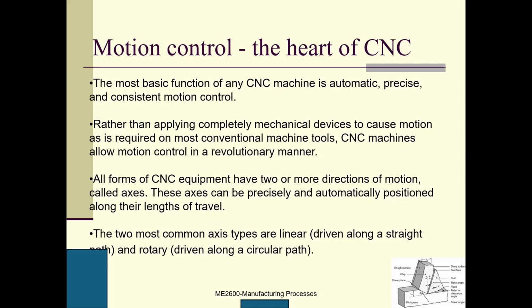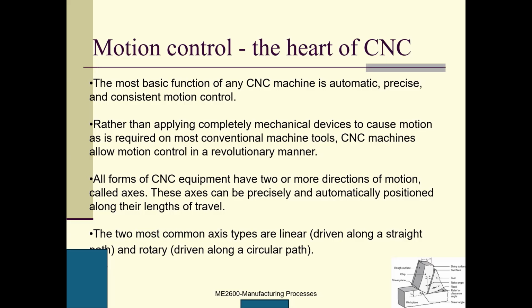Rather than applying completely mechanical devices to cause motion, as on most conventional machine tools, CNC machines allow motion control in a revolutionary manner. This is a motor, different motors. My CNC machine has a computer. The computer sends out the signal to drive the motor to move.